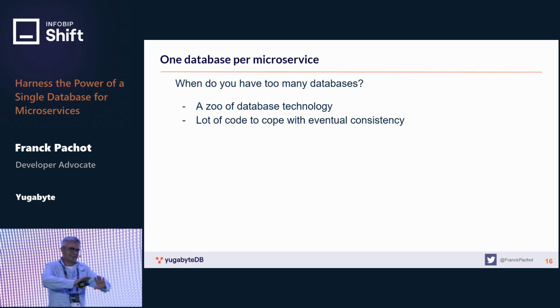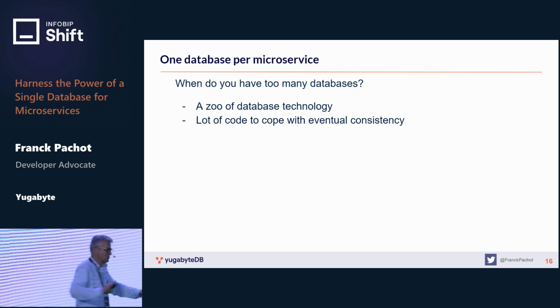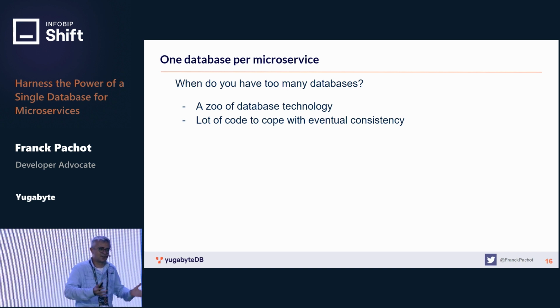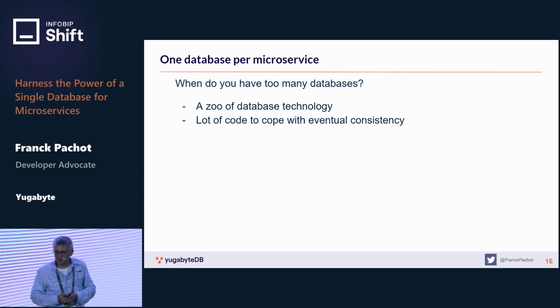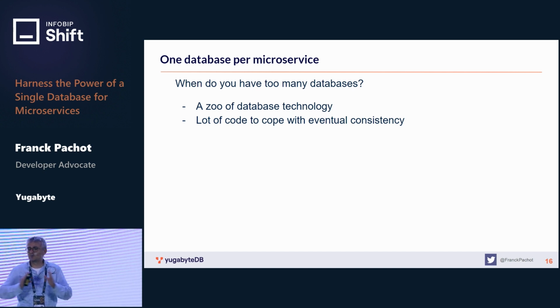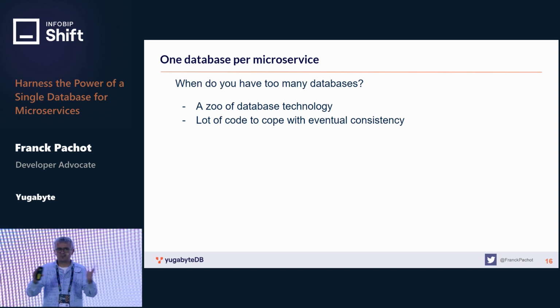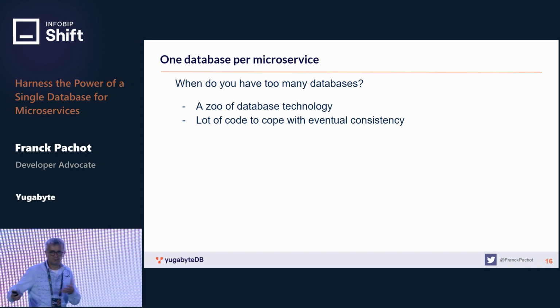Because if you completely give the choice to use one database per service, and the team can choose the database they want, then globally in the company you will have many databases. You can also limit that. You can also say, okay, you have different databases, but please use the same, use Postgres, because it can work with your different services.